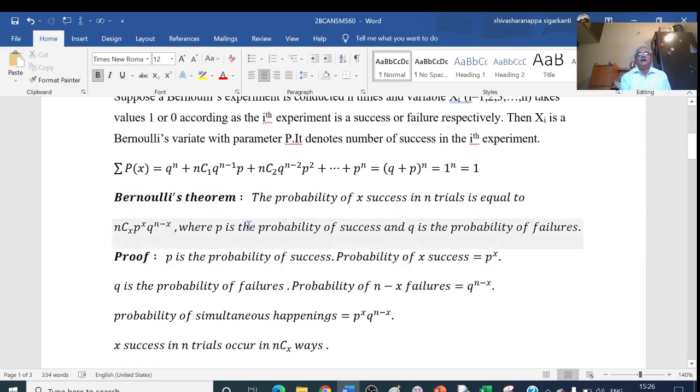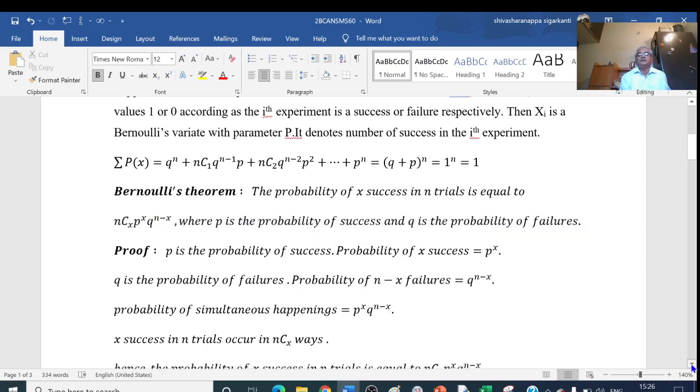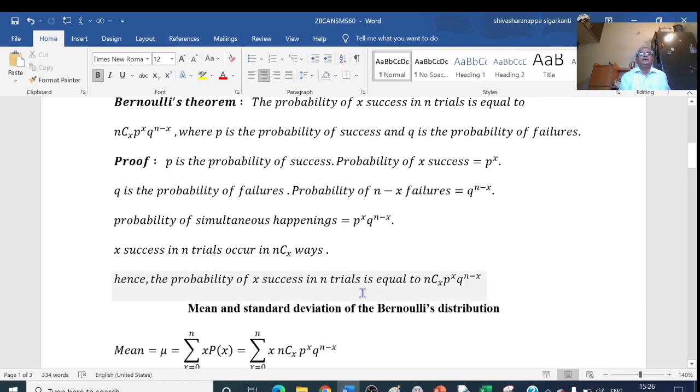This is Bernoulli's theorem. The probability of x successes in n trials is equal to nCx p to the power of x into q to the power of n minus x, where p is the probability of success and q is the probability of failure. If p is the probability of success, then the probability of x successes is p to the power of x.